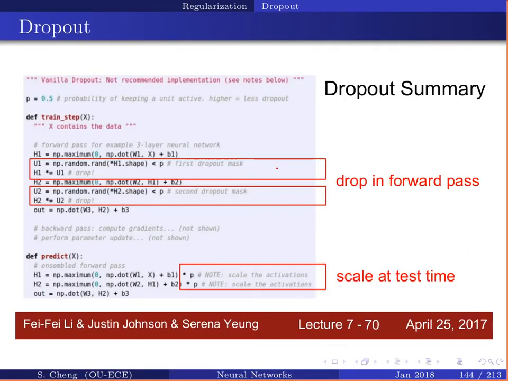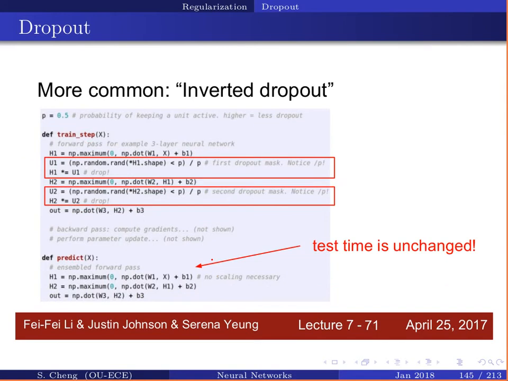In the original dropout we scale at the test time. For the inverted one, we simply do not scale at the test time, but instead do the scaling during the training time. Then we won't add any more computational complexity during testing time.